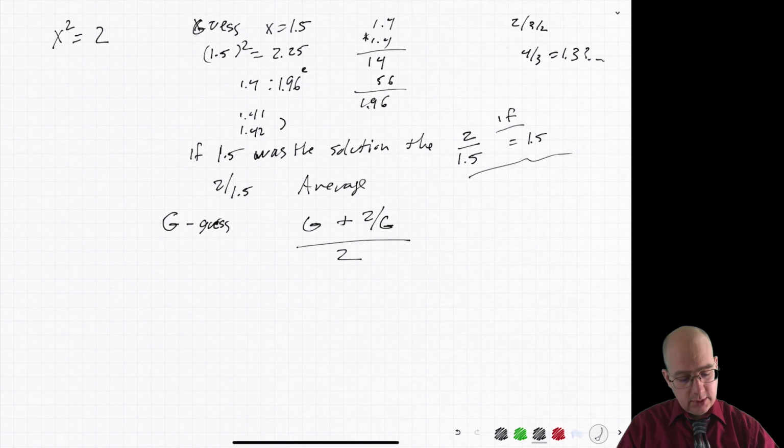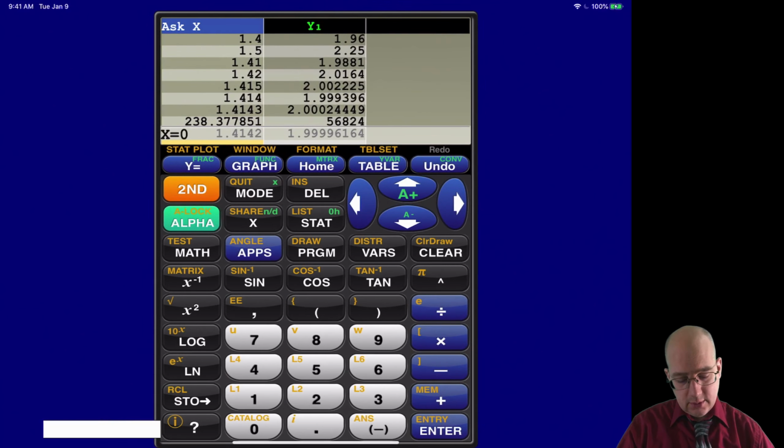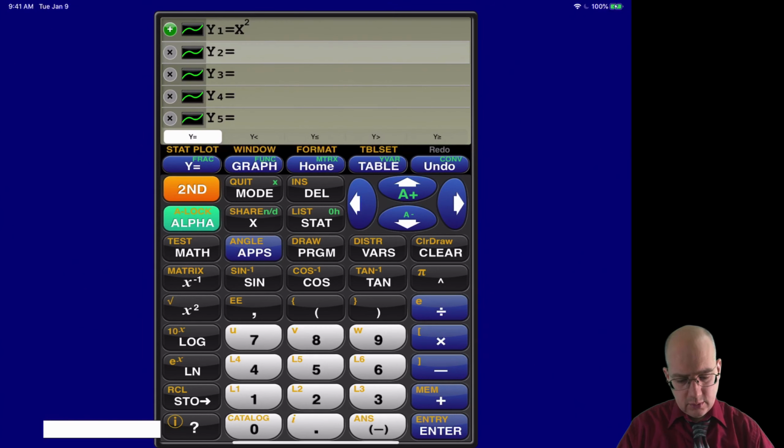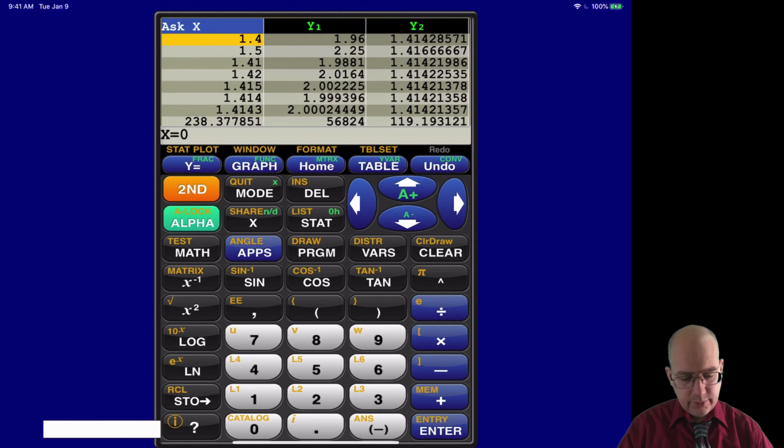So let's see how that works out. If I define x squared, and then y equals x plus 2 divided by x, divided by 2. Now let's go to the table. Look at how this table has progressed, right?